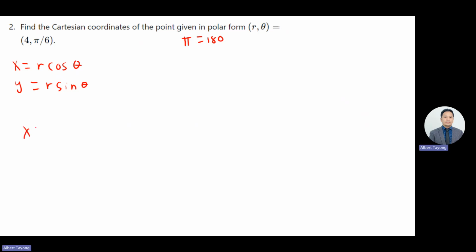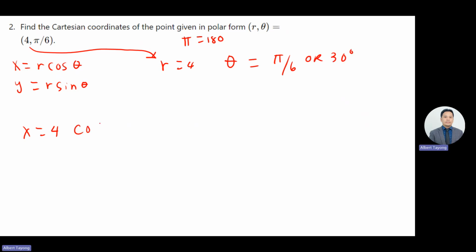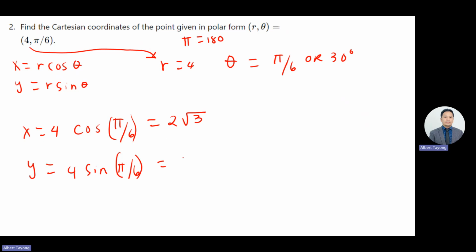So our x is equal to 4 because our r is equal to 4, and our theta is pi over 6 or 30 degrees. So 4 cosine pi over 6, okay, that is equal to 2 times square root of 3. You may check this in the calculator. And y is equal to 4 sine pi over 6, and that is, of course, equal to 2.